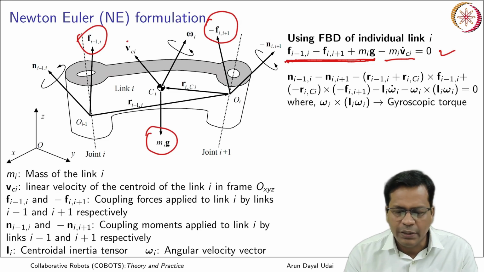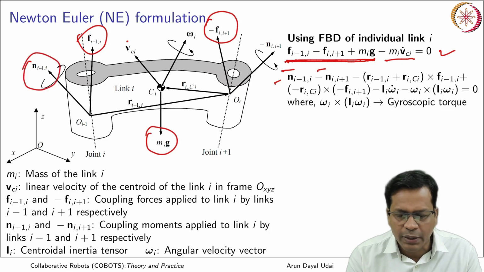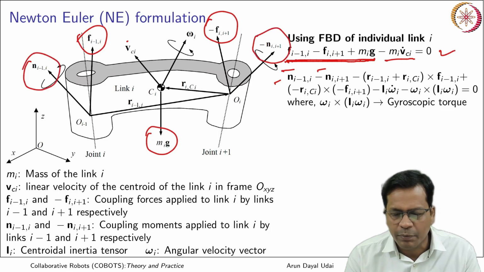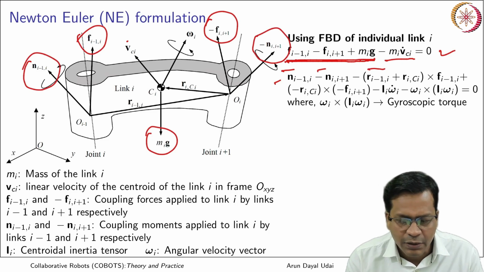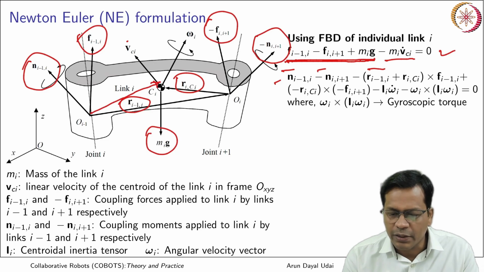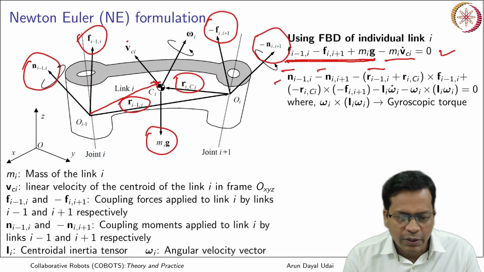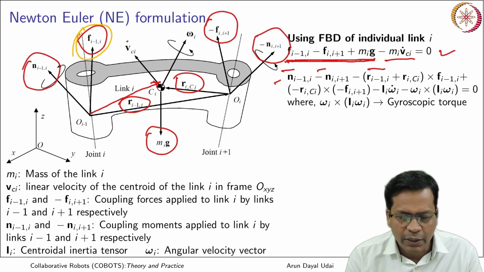Similarly, the resultant moment due to all the moments. N(i-1,i) is the moment coming from here, N(i,i+1) is the moment coming from here, and moments are also created like R(i-1,i), that is this vector, plus this vector, effectively it is this vector, with negative sign. Whatever force is here creates a moment at this point.